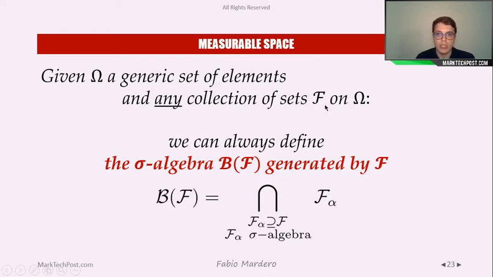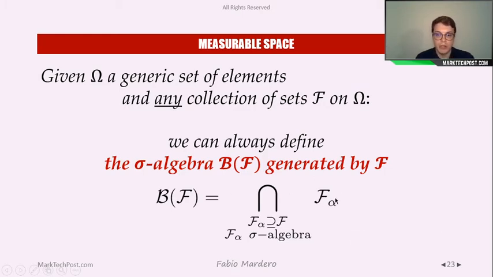As you can see here, since F is already a collection of elements, we just have to take the subsets that make F alpha a sigma algebra. Then we take all the possible F alpha and we do the intersection between them.